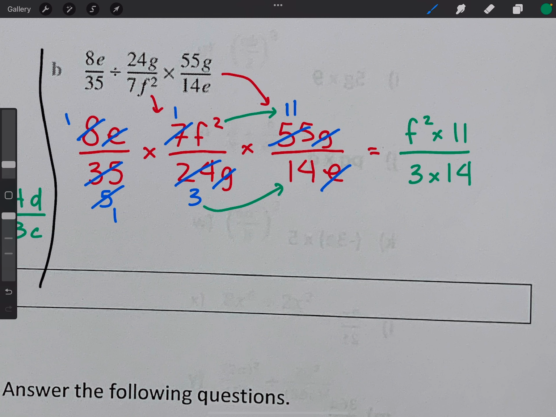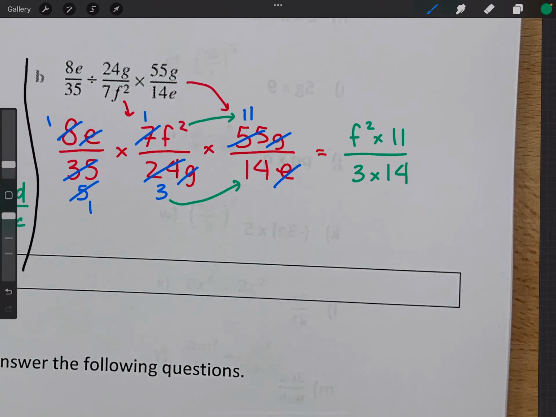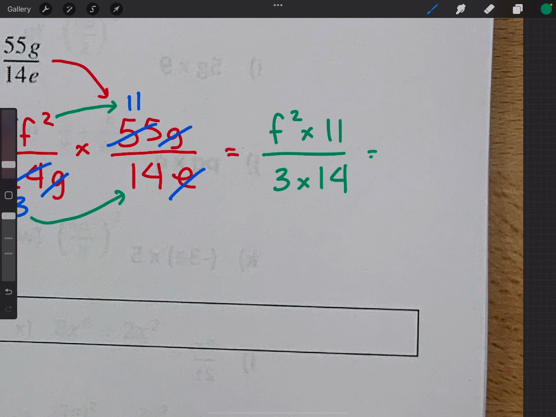Yes, that's all there is there. So now the answer is going to be 11f squared, and then 3 times 14 will be 42. There's your answer there.